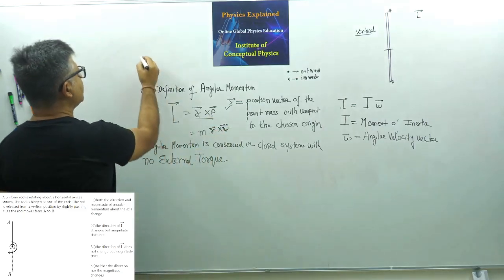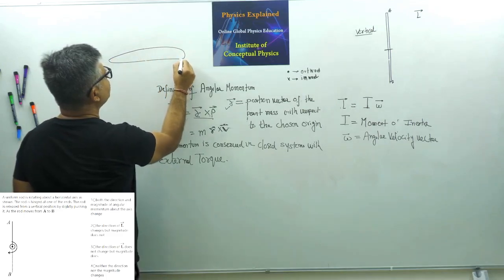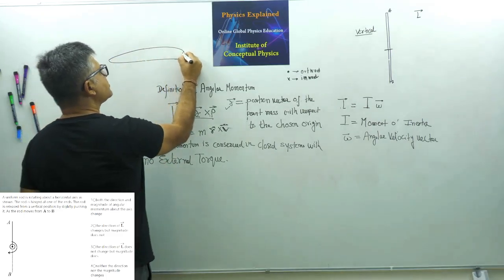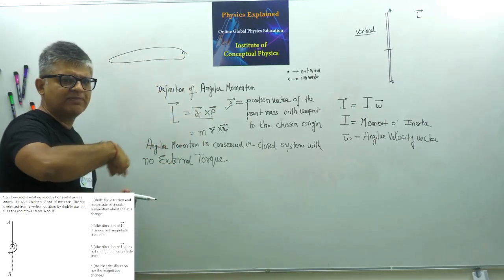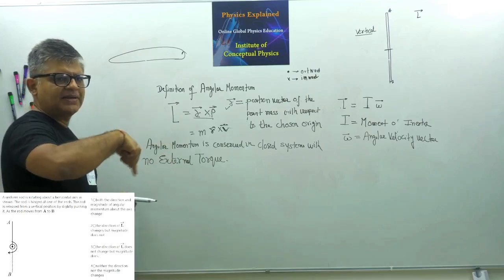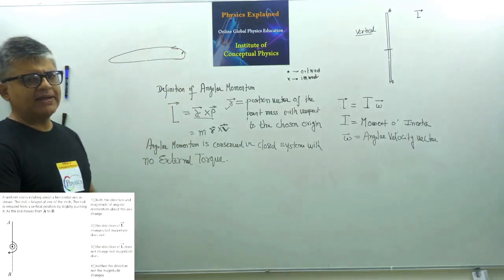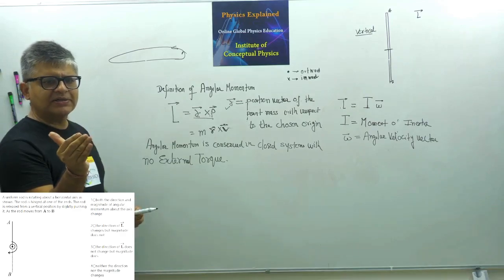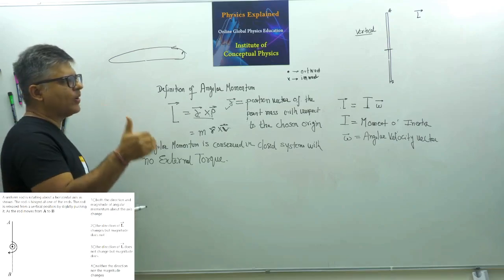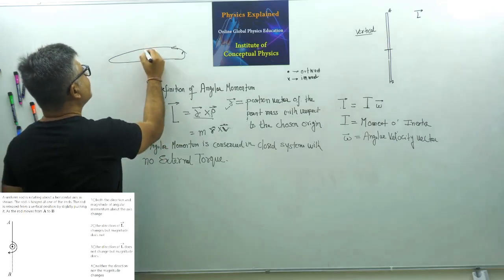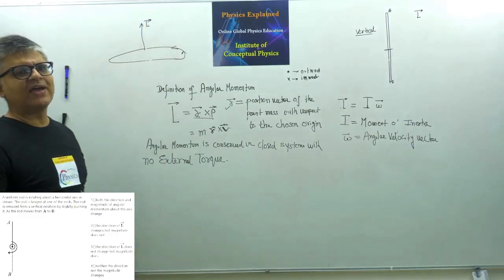If you have a circular motion in a horizontal plane, going in the anti-clockwise direction, wrap your hand around the angular velocity. Because this is my anti-clockwise direction, my thumb points upward. So L is pointing upwards.